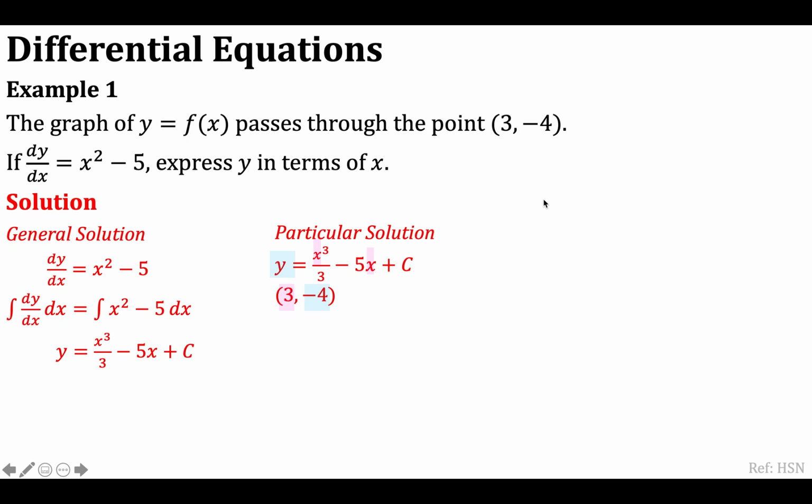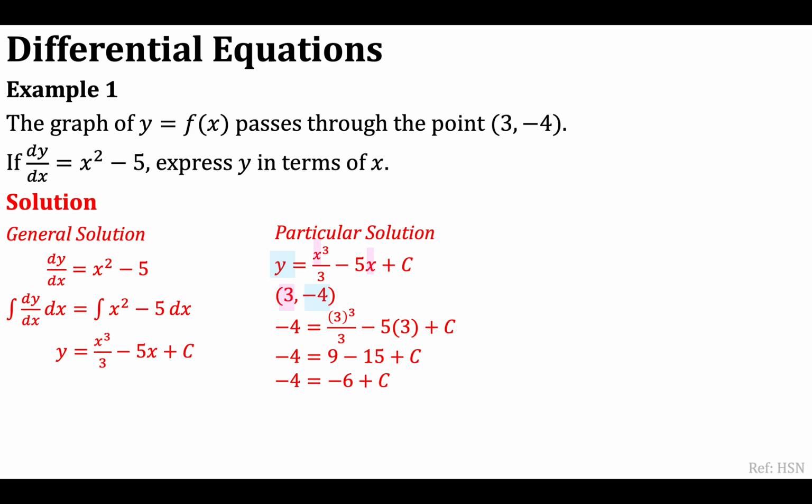So what we can do here is observe that we have a y, which is negative 4, and we've got x, which is 3. So we can substitute our point in. We'll have negative 4 equals 3 cubed over 3 minus 5 times 3 plus c. That gives us negative 4 equals 9 minus 15 plus c.